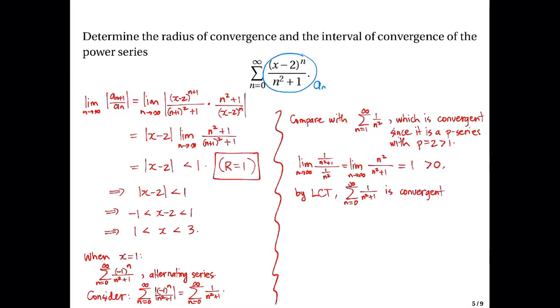Okay? And therefore, the series (-1)^n over n squared plus 1, starting from 0 up to plus infinity, this one is also convergent.